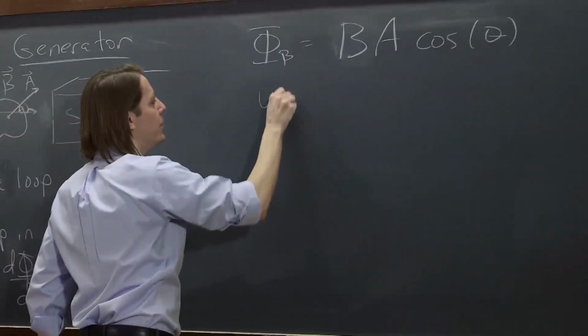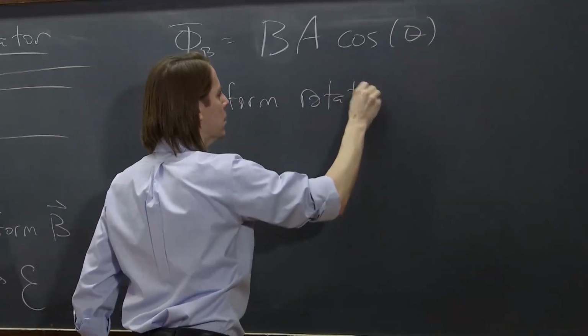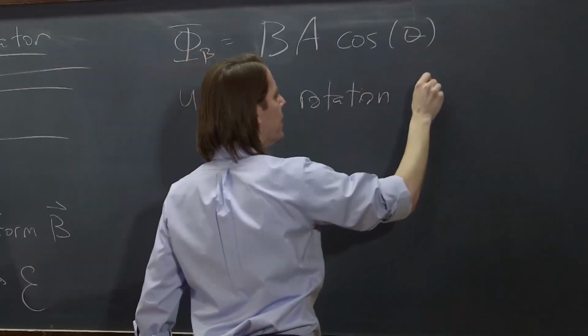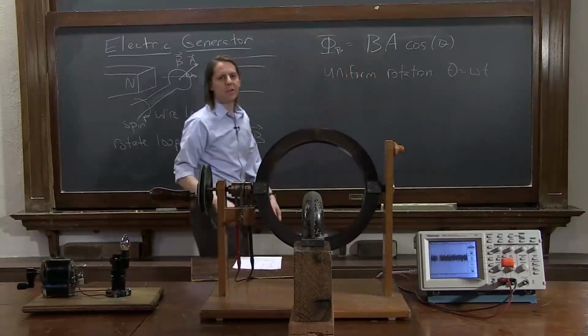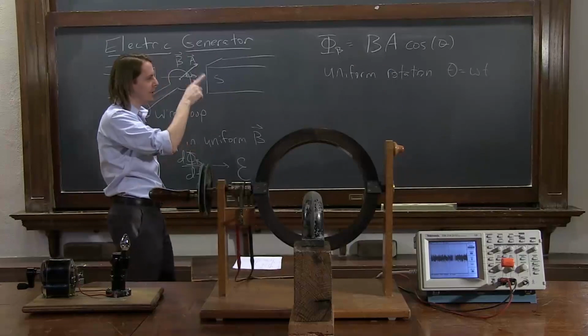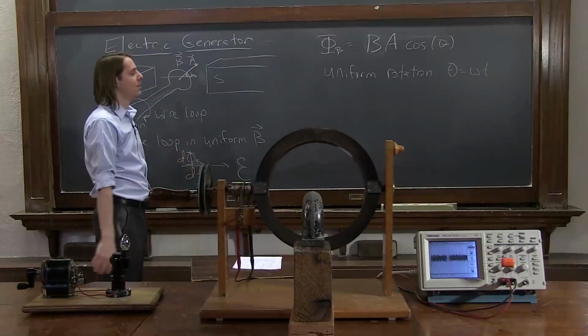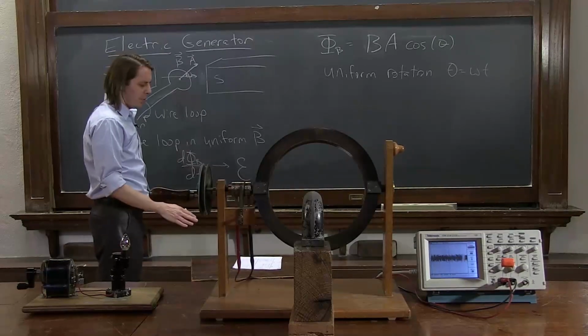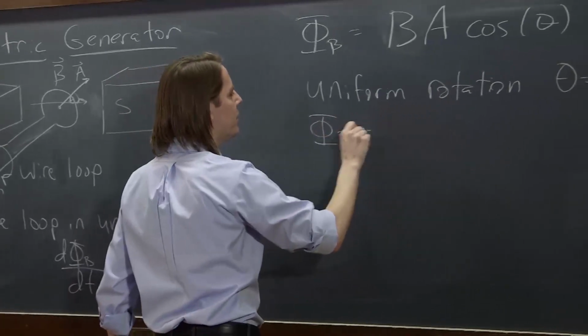So for uniform rotation, theta is omega t. That just means we spin at some frequency omega. If you want to think of it in terms of hertz, it's 2 pi times the frequency f times the time.